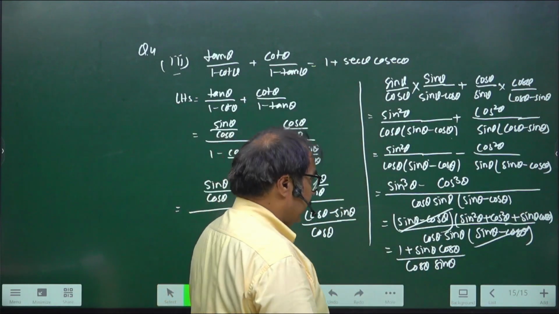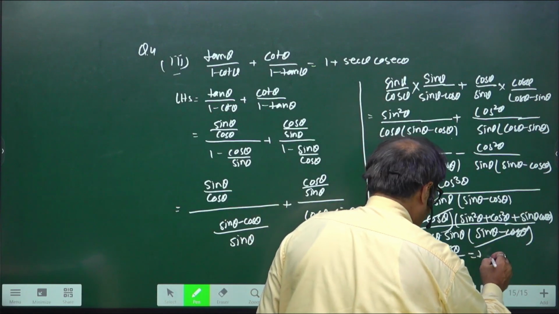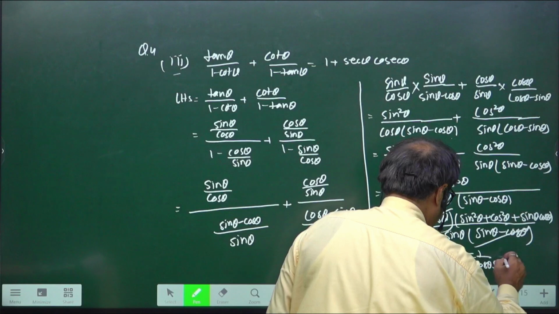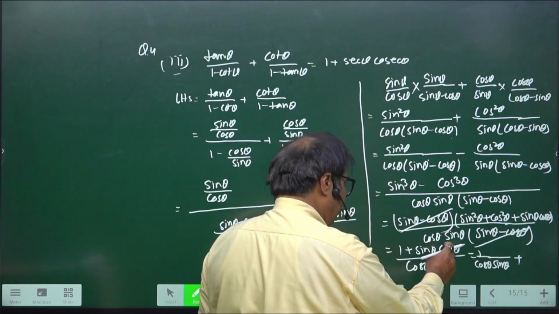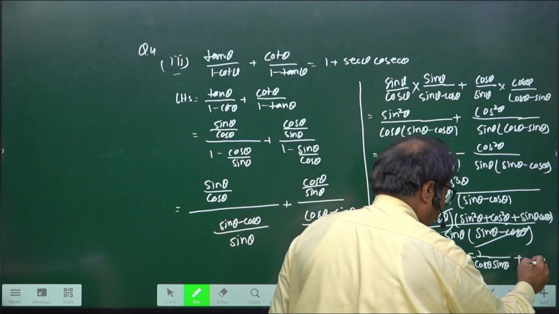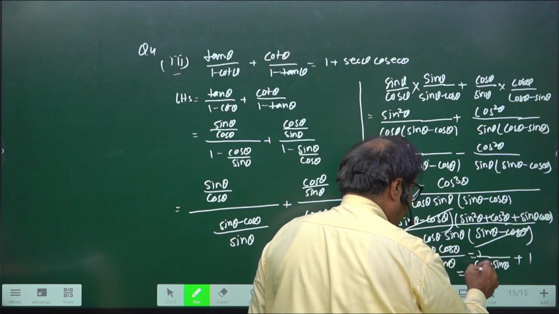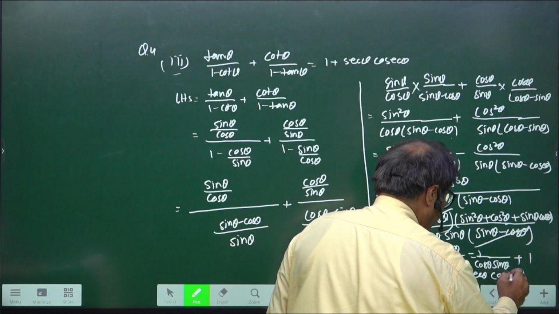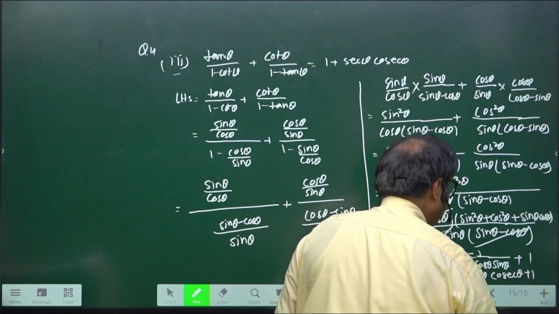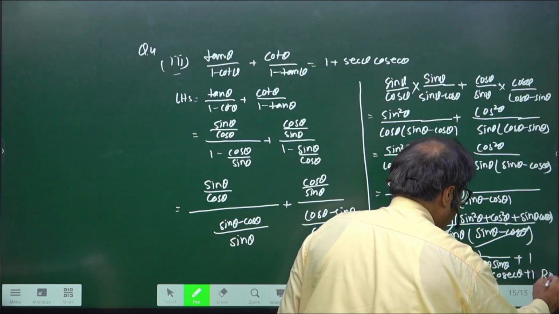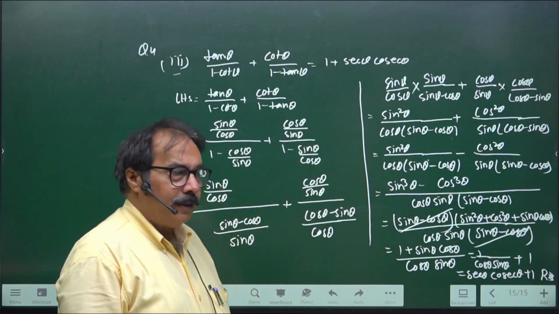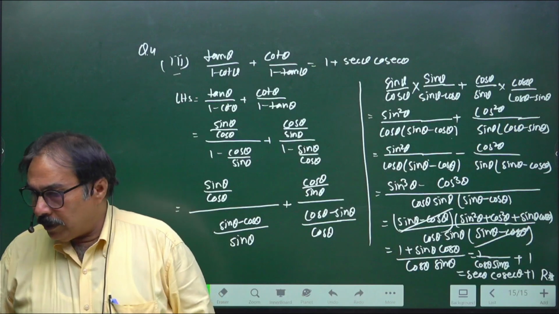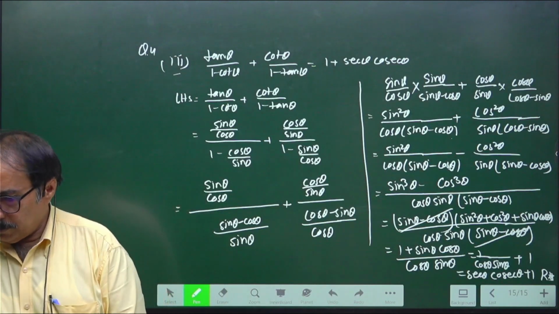And now apply the separation property. So this is 1 upon cos theta into sin theta, and this will be sin theta into cos theta upon cos theta into sin theta. So finally 1 by cos is sec theta, and 1 by sin is cosec theta, and plus 1, and this is our RHS. Okay, got it? So this is a very important question from your board examination point of view, right?